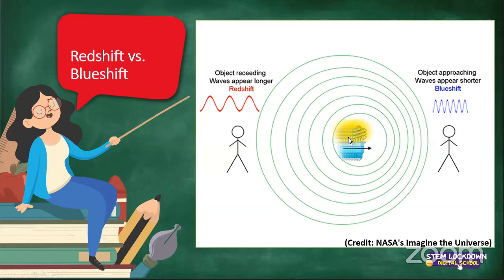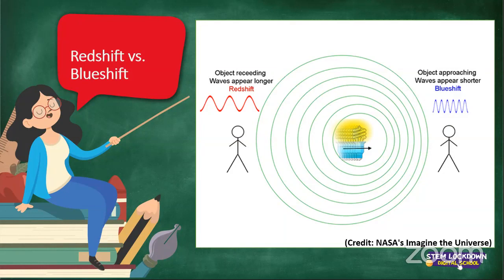So if you look at this picture over here, you've got a little light bulb in there, and it shows that the light bulb is moving to the right, towards this human being on the right, and that's what we call a blueshift. And so what happens is if you look at this light source using a telescope or a specific technology, the light emitted from that source will be the color blue, because the wavelengths are shorter and the frequencies increasing.